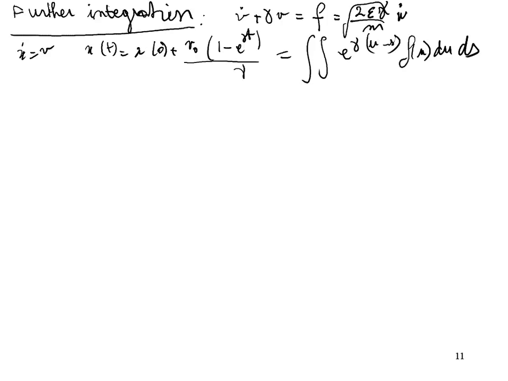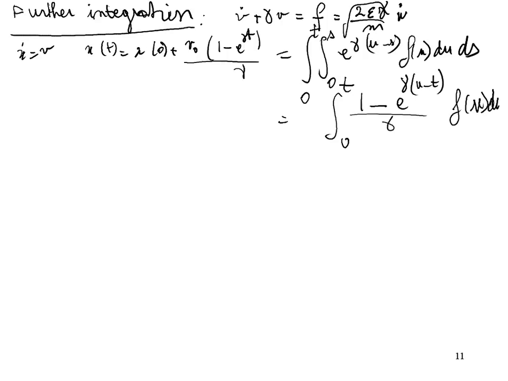We integrate u from 0 to s and s from 0 to t. I will leave this as an exercise. You just have to switch the integrals, and this equals the integral from 0 to t of 1 minus exponential of gamma (u minus t), divided by gamma, multiplied by f of u du.